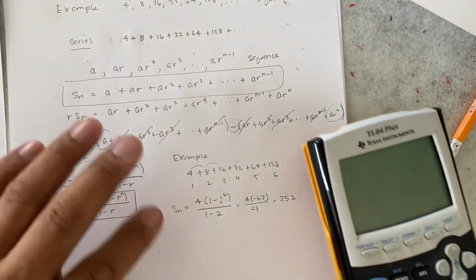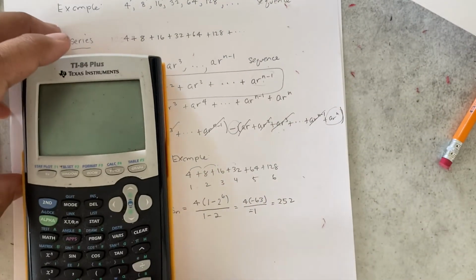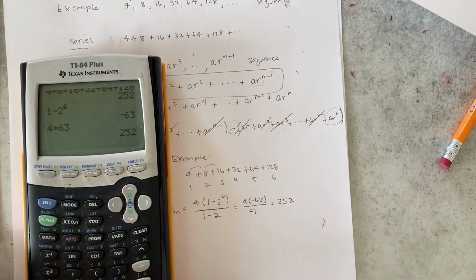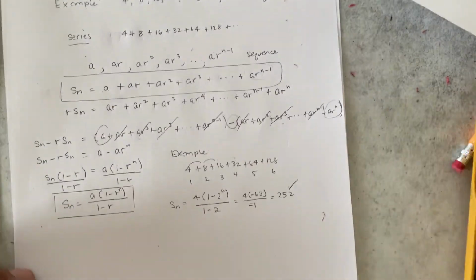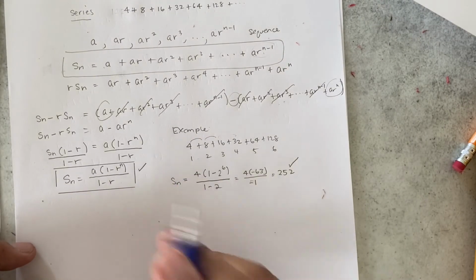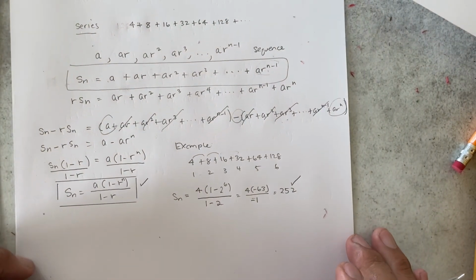But when you get your calculator and do direct addition, add across, 4 plus 8 plus 16 plus 32 plus 64 plus 128, and it gives you 252. And you can verify that this is the derivation.